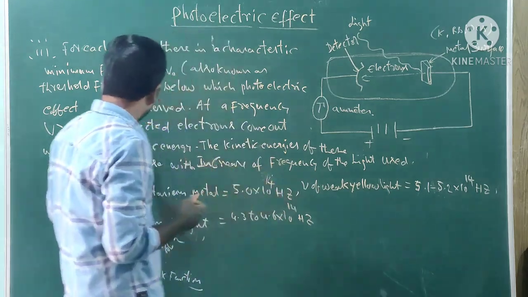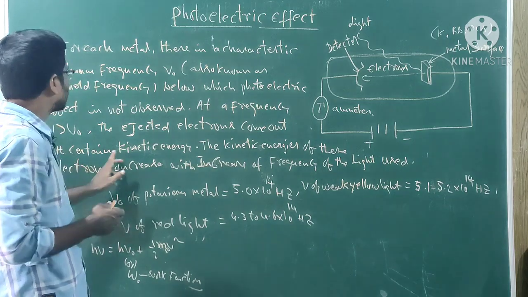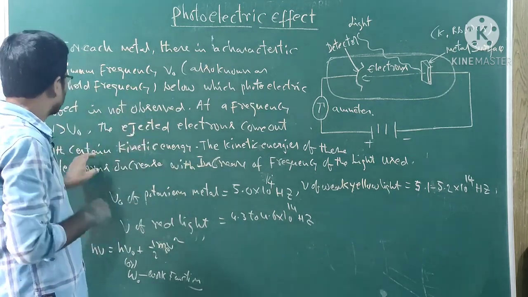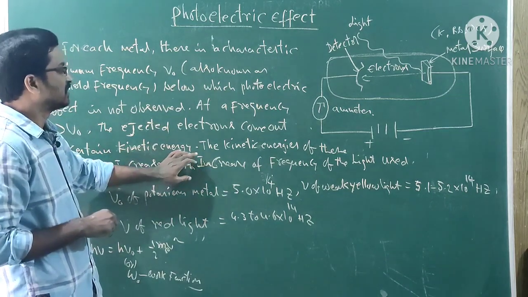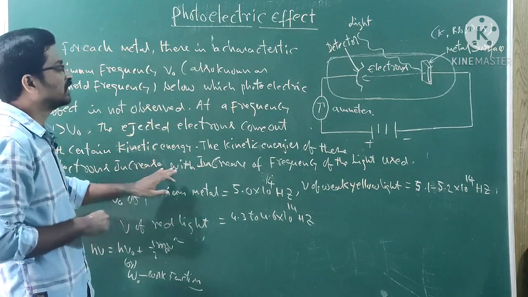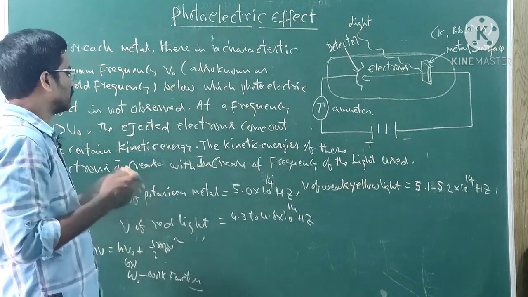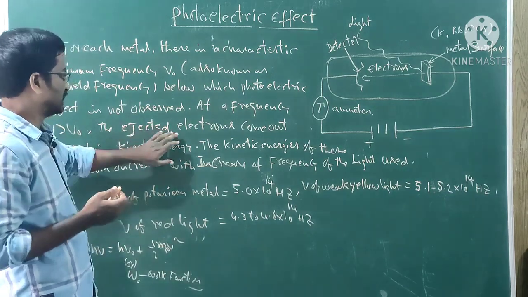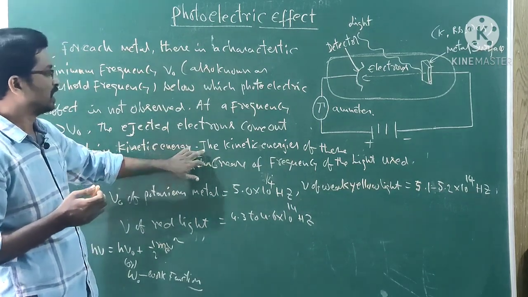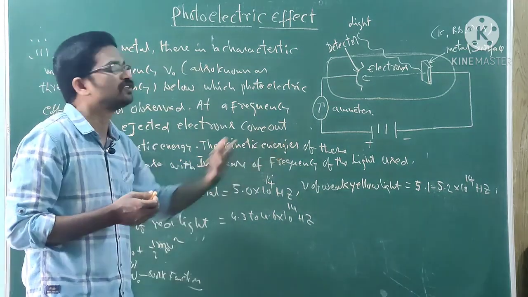This is the way they are represented here. The ejected electrons come out with certain kinetic energy. The kinetic energy of these electrons increases with increased frequency of light used.